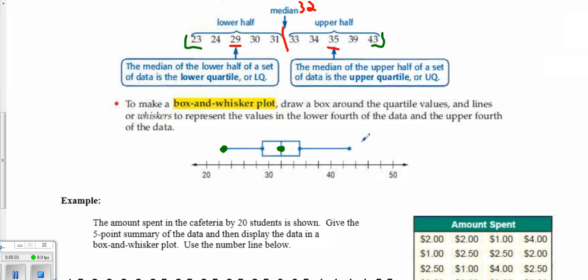Our highest is 43, put a dot right at 43. Now we would look at our two quartiles, 29, put a dot, 35, put a dot. All we do to create the box and whisker plot then is take these 5 points, 1, 2, 3, 4, 5, put a box around the 3 in the middle. So it's going to look something like this.